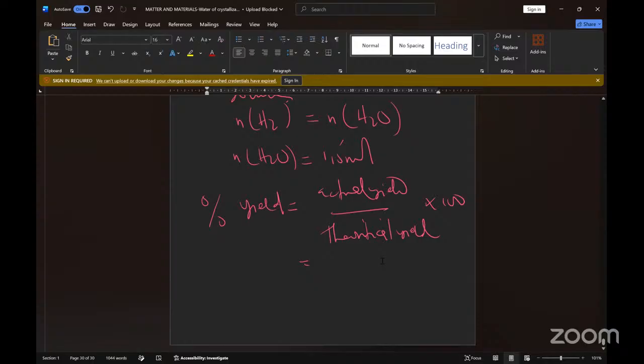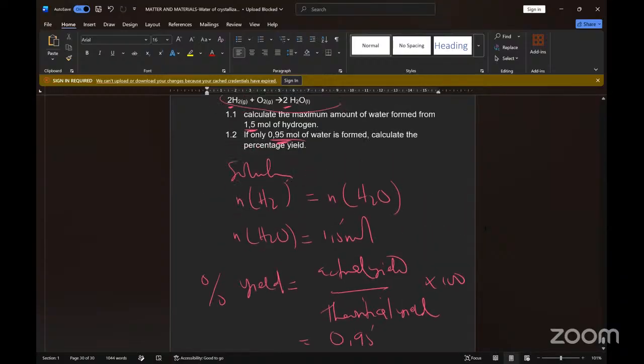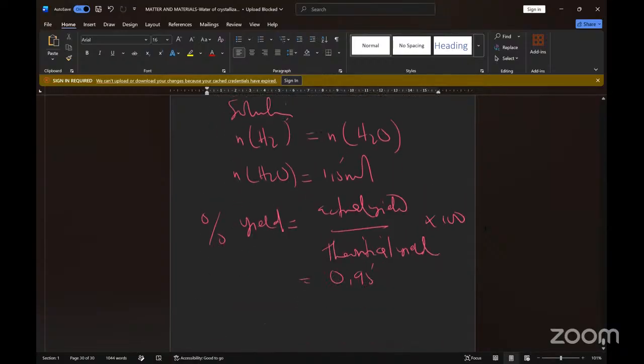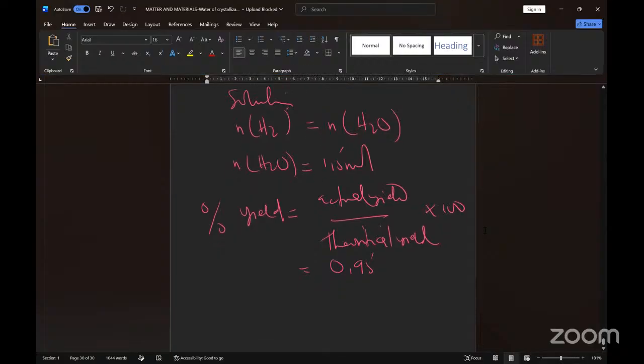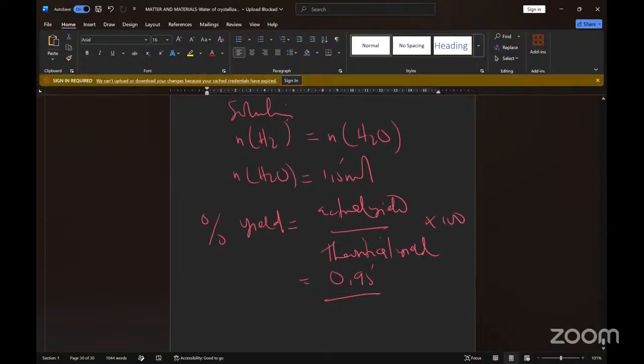Yes, 0.95, this is the actual yield. This is 0.95 divided by the theoretical yield. So what we got here, 1.5, times 100.